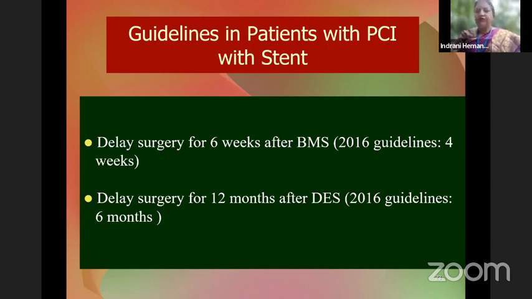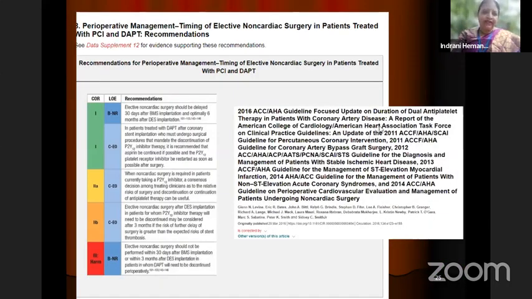So wait for 4 weeks after stent placement. And in a patient with drug-eluting stent, the standard was wait for 12 months, that is 1 year. The latest guidelines have said that you have to wait for at least 6 months following drug-eluting stent placement.